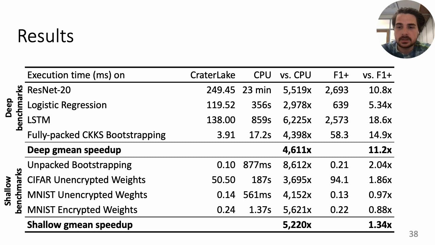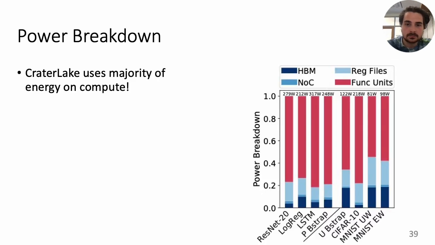These stark differences demonstrate that prior FHE accelerators are efficient only on shallow computations and falter on deeper ones. The per-benchmark power breakdowns show that Crater Lake uses most of its energy on compute, despite FHE's data movement challenges.